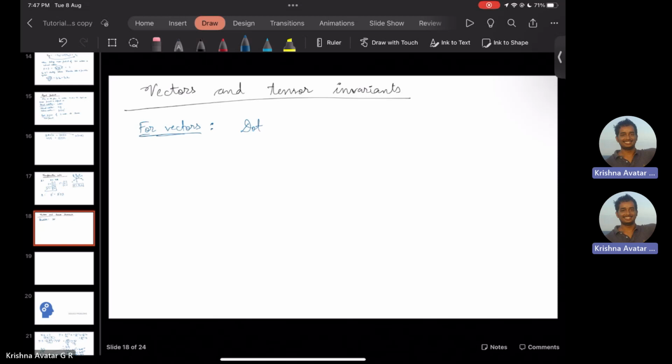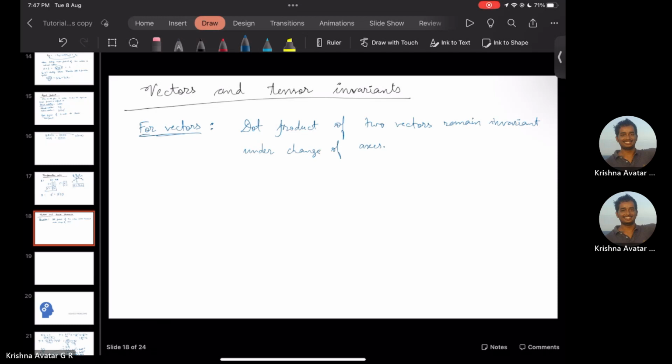So one of the things that is preserved is the dot product of two vectors, which remains invariant under change of axis. Fine. Now you may ask me why.